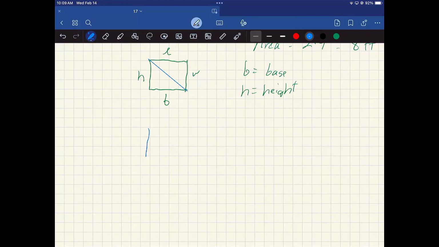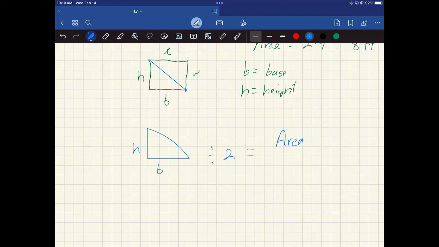It's from this idea that we get this formula. We get the idea that the base times the height divided by 2 is equal to the area of the triangle.